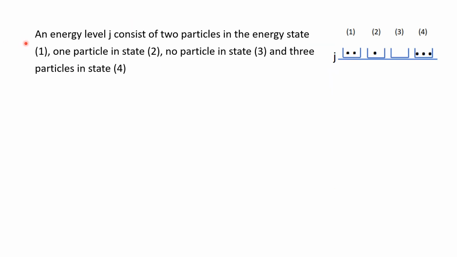So let us consider we have an energy level j which consists of two particles in energy state 1, one particle in energy state 2, no particle in energy state 3, and 3 particles in energy state 4. So this is the particular distribution, and this represents one of the microstates for this particular distribution.